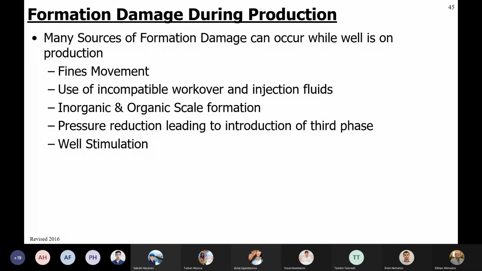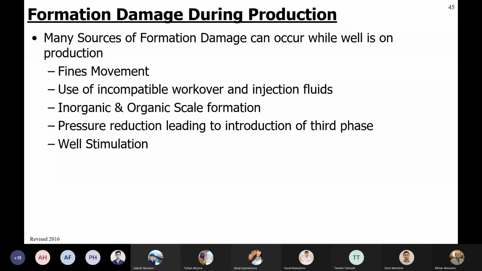What happens in oil reservoirs is gas is dissolving from the solution and occupying the pore spaces that were occupied before by the oil, and that will change the relative permeability to oil. In gas reservoirs, the condensate will drop out of the gas, and that will again create a blockage of the pore sizes, pore throats before occupied by the gas.